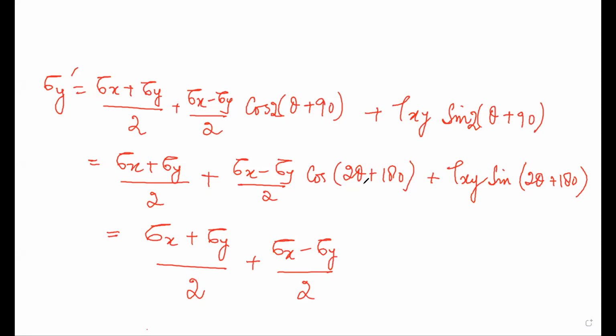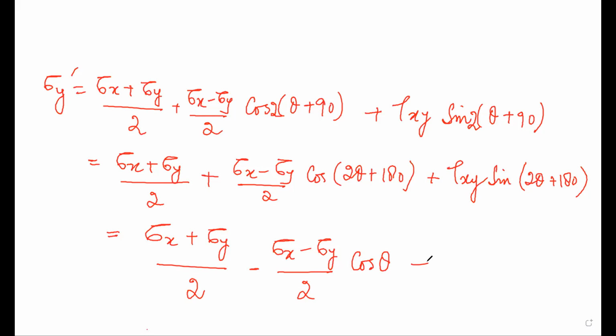So it is in which quadrant? Third quadrant. Think of 180 plus theta in the third quadrant. In the third quadrant, only tan is positive, so cos is negative. So here you will be having minus, and cos of 2 theta plus 180 is cos 2 theta.